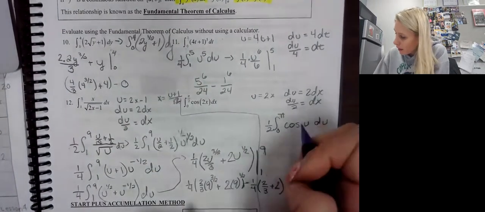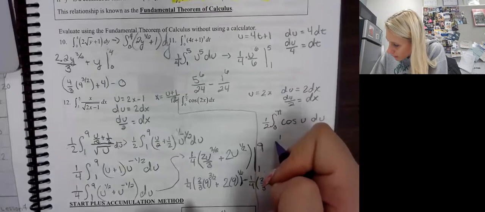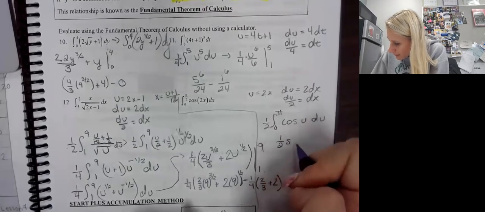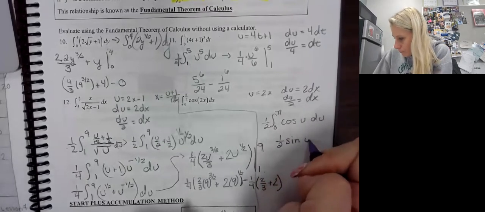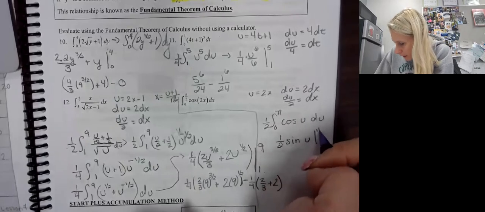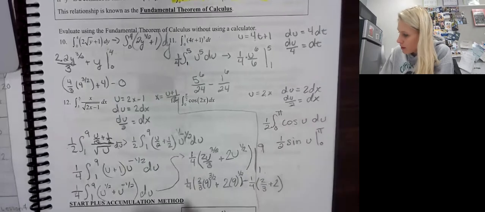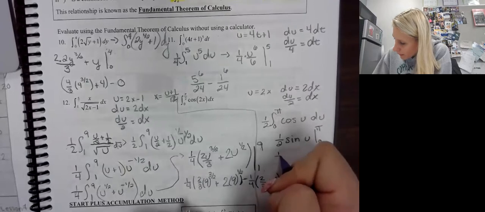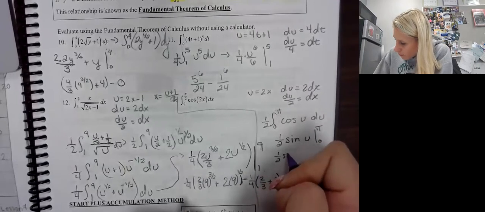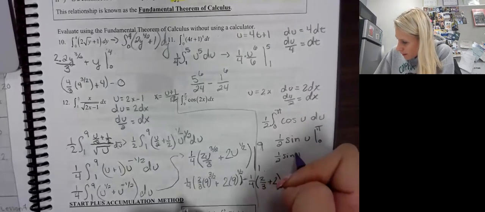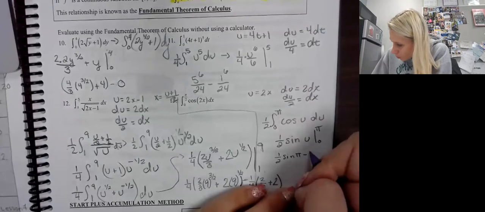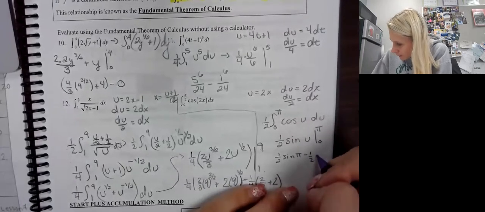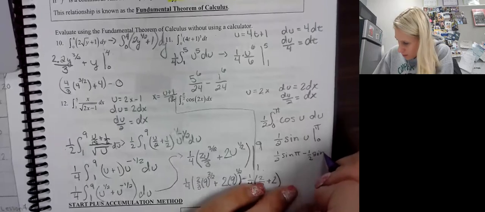Okay, what's the integral of cosine? That would be sine u, with boundaries pi over 0. Plug in, so we get 1/2 sine pi minus 1/2 sine 0.